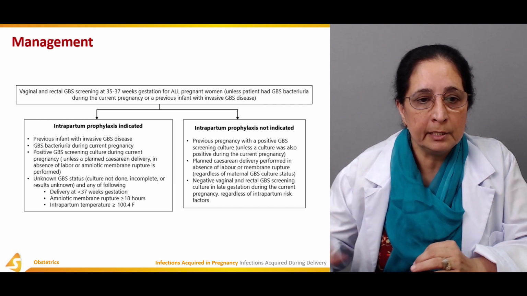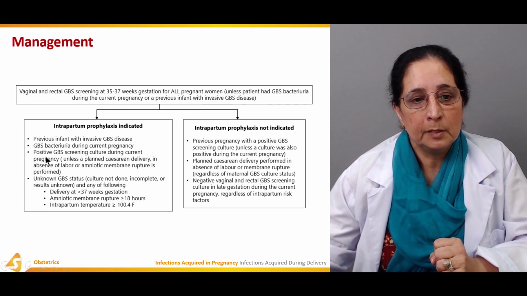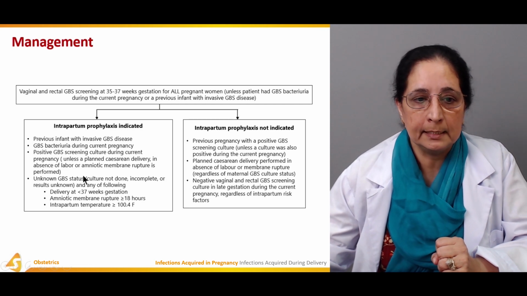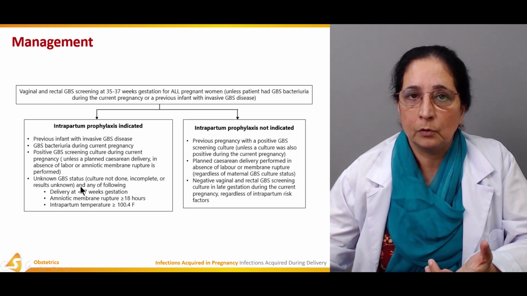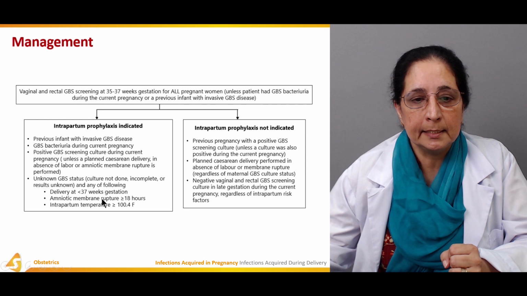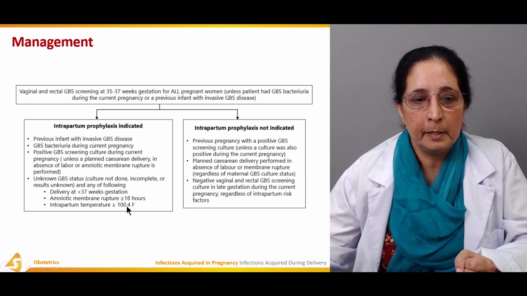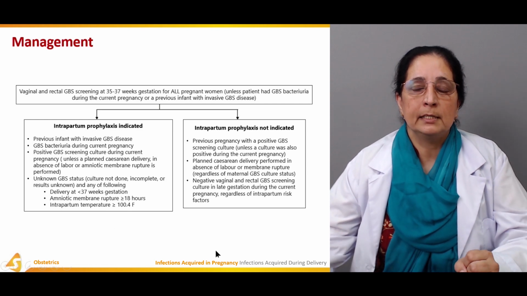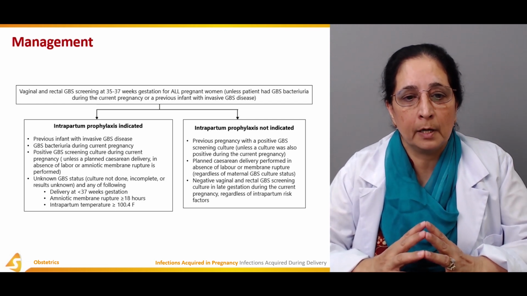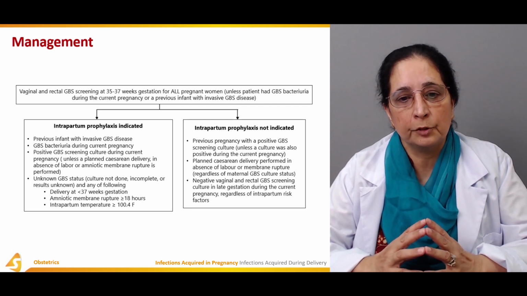Also if there is group B streptococcus bacteriuria during the current pregnancy, if there is a positive group B streptococcus screening culture during the current pregnancy, unknown group B streptococcus status, and if there is delivery at less than 37-week gestation, amniotic rupture of membrane more than 18 hours, and if there is fever more than 100. All these are indications for intrapartum prophylactic treatment for group B streptococcus.